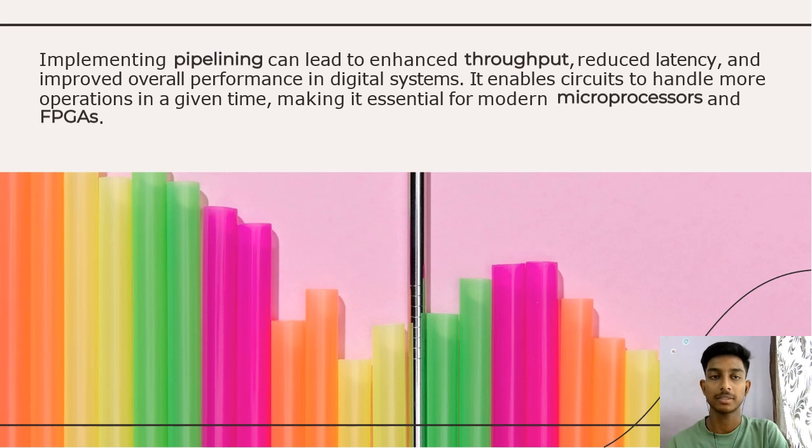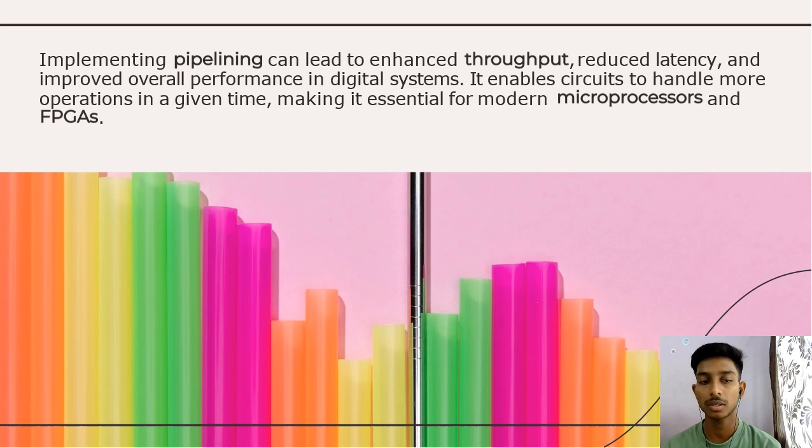Why pipelining matters. Implementing pipelining can enhance throughput, reduce latencies, and improve overall performance in digital electronics products. It enables circuits to handle more operations in a given time, making it essential for modern microprocessors and FPGA systems. Pipelining enables higher throughput by overlapping tasks.